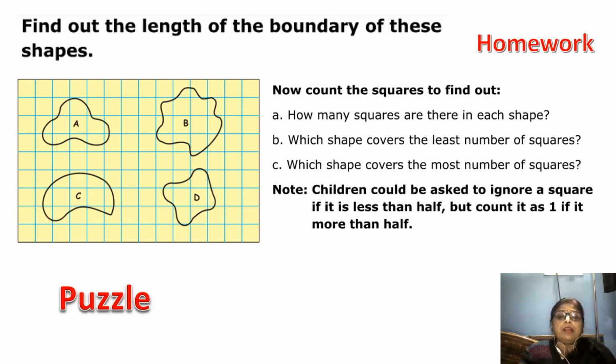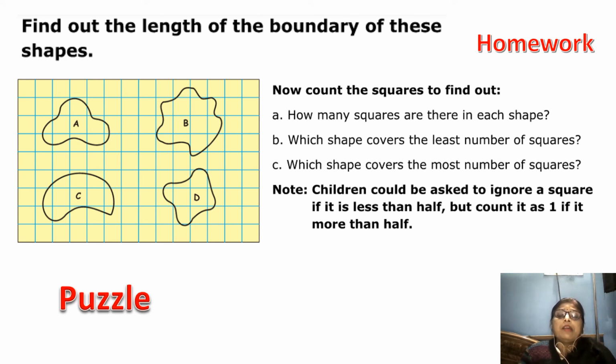One thing you have to keep in your mind, and it is written in the note also. You will ignore a square which is less than half, but you will count such a square as one if it is more than half. It means if it is less than half, you will ignore that one.